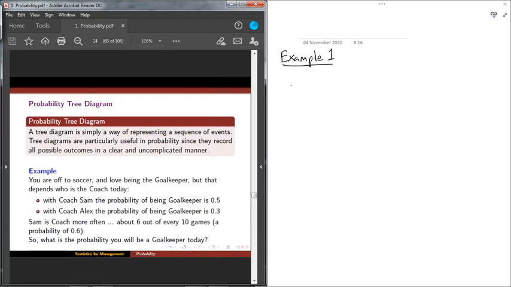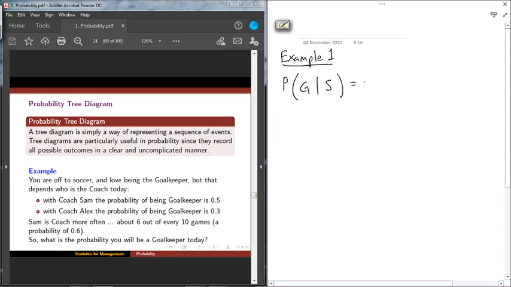For example 1, if I write the information given, when Coach Sam is the coach, the probability you become a goalkeeper is 0.5.